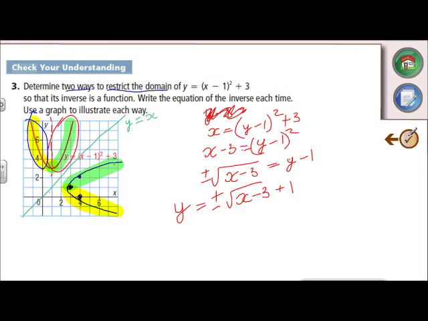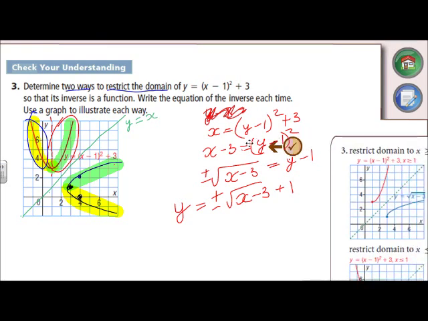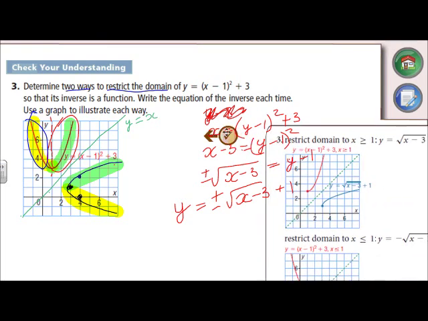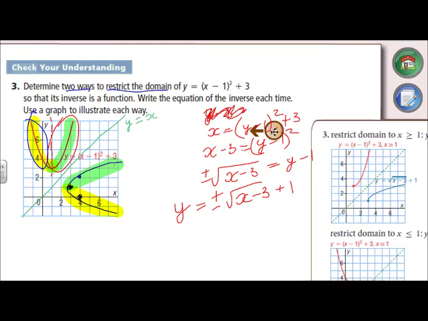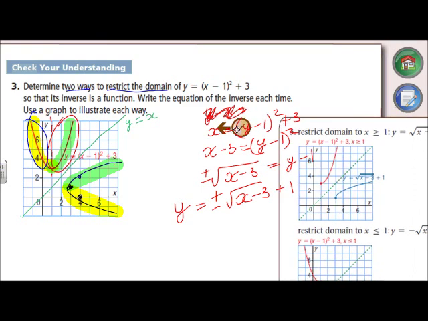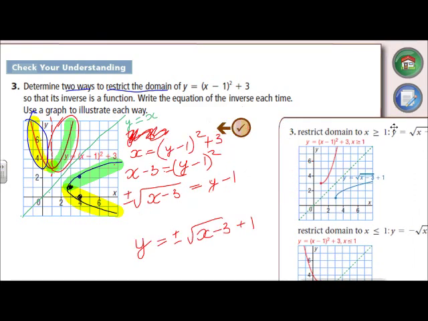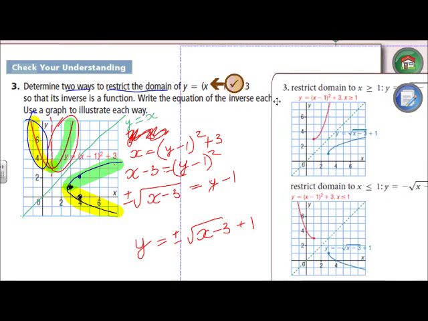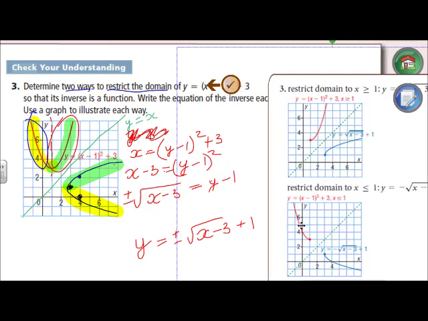And I'll show you a prettier graph because mine doesn't look that great. I'll show you their nice looking stuff. So there's the first one. We are going to restrict the domain of the original so that we're either talking about just the right side, which is x greater than or equal to the 1 value, or taking the left side, which is x less than or equal to that 1 value, and the 1 was our vertex.